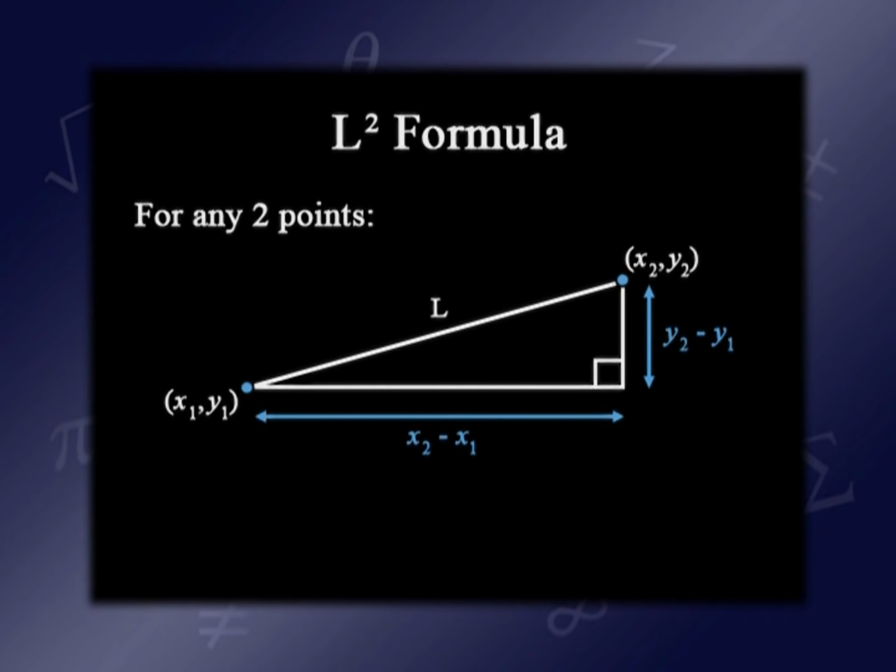The height of that right triangle is y2 minus y1 by subtracting the y coordinates. And Pythagoras' theorem will say that L squared, L being the length of the line from x1, y1 to x2, y2, is equal to x2 minus x1 squared plus y2 minus y1 squared. Okay, so the length of that line would then be the square root of that quantity.